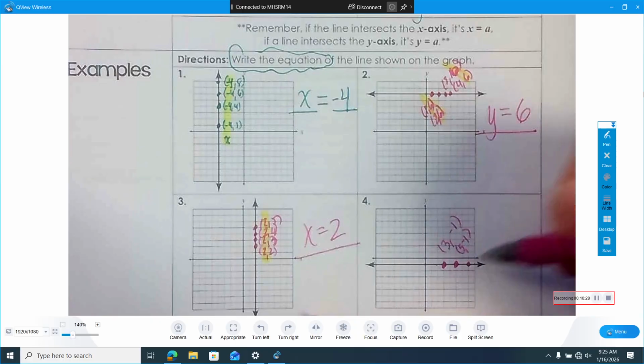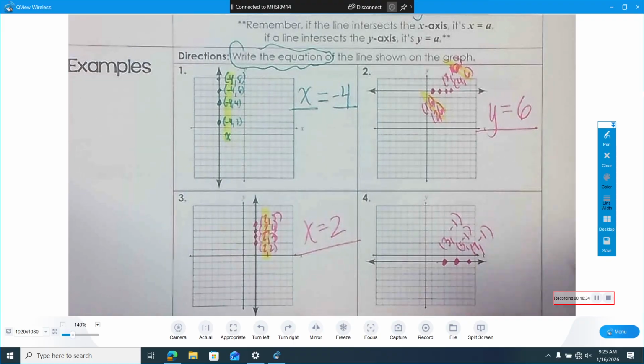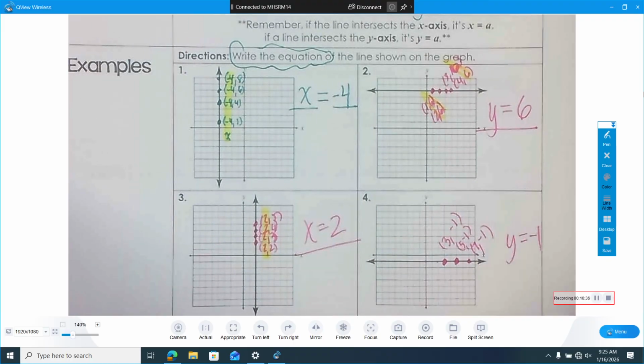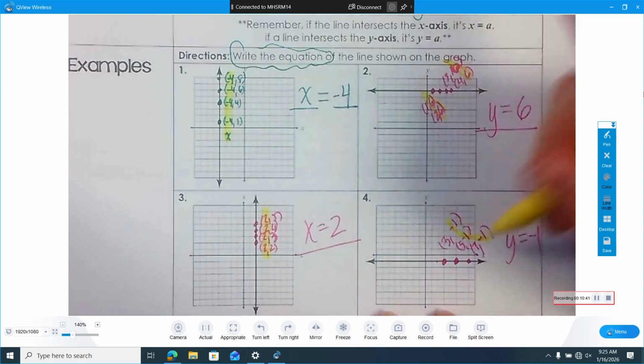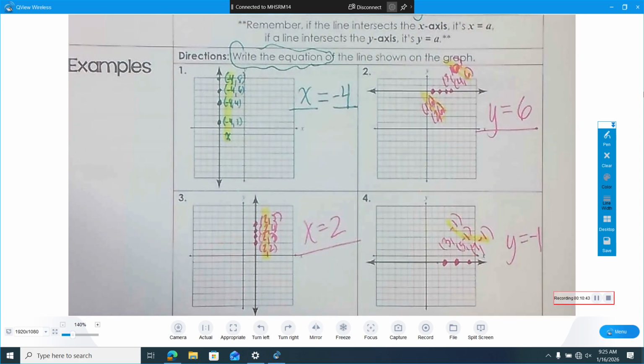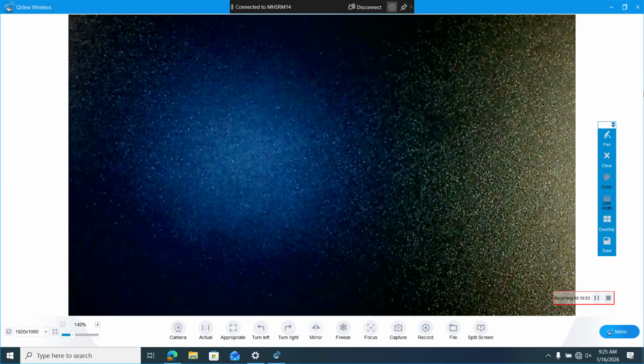And right here would be 7, negative 1. What's the equation of this line? Y equals negative 1. Okay. So really, I love showing that the y is the same for everything. That's the equation then. Makes total sense. All right. Turn the page.